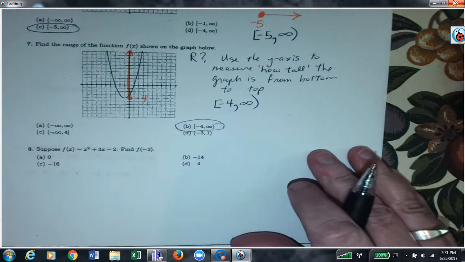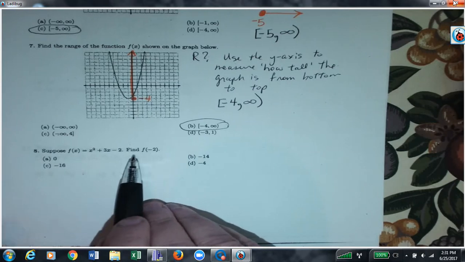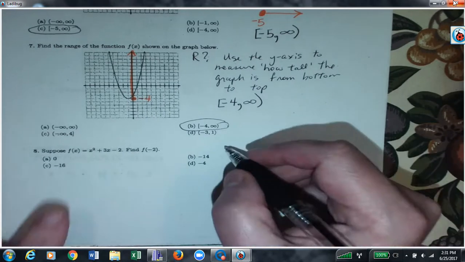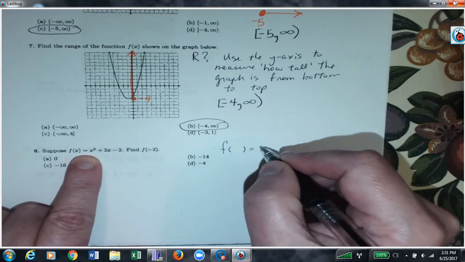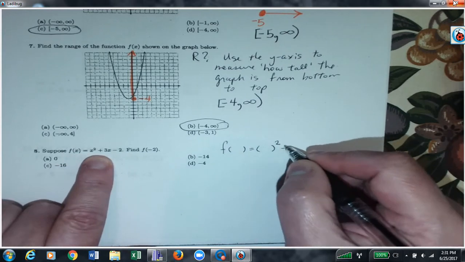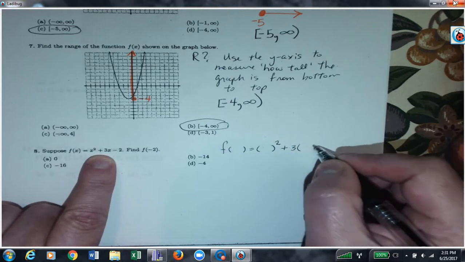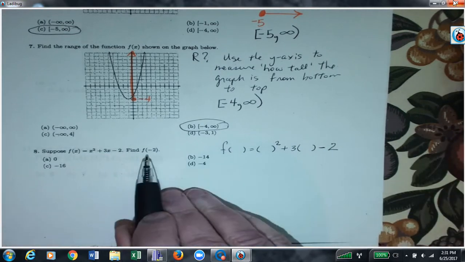Okay, now suppose f of x has this formula, find f evaluated at -2. So what I'm going to do is I'm going to rewrite the formula for f, and I'm going to replace the x's with blank parentheses. Everywhere there's an x, I'm going to put blank parentheses. And now what do I want to find?